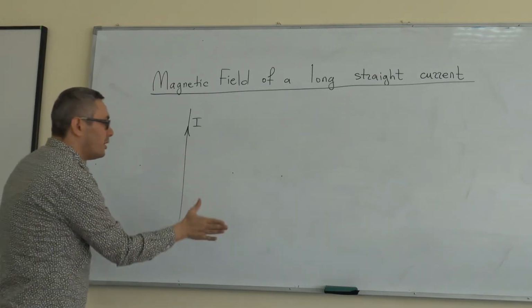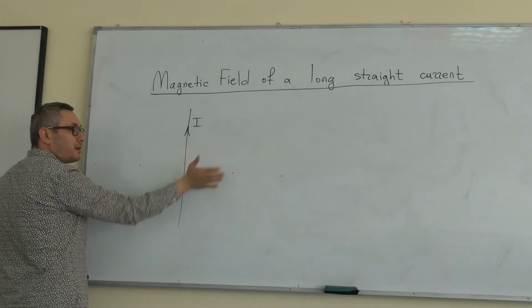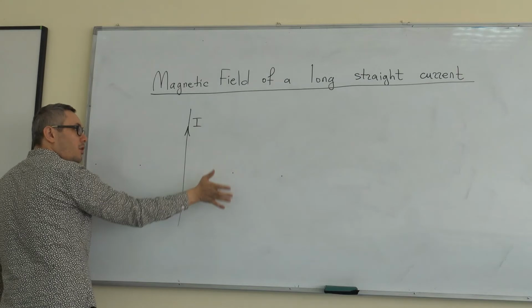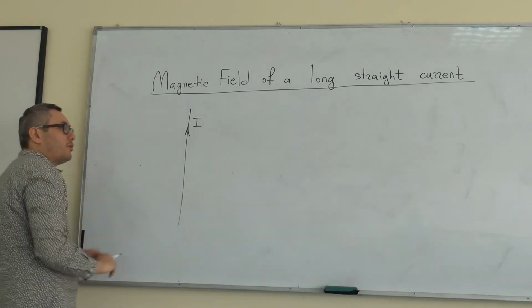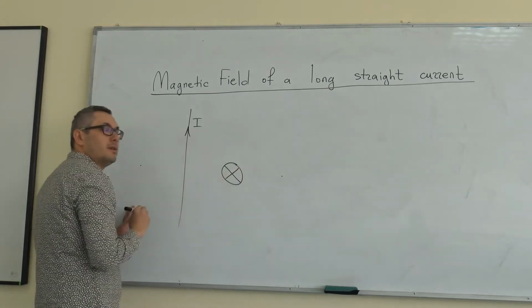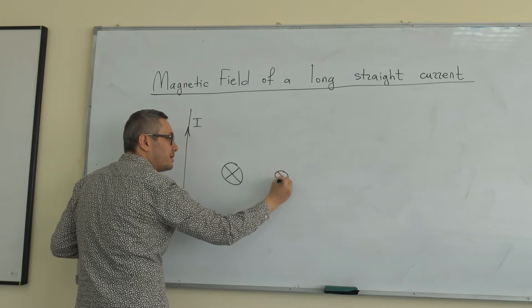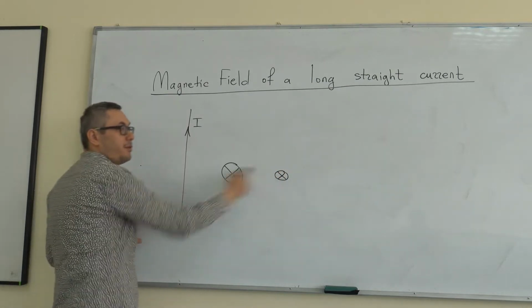Using the right-hand rule, I point my thumb in the direction of the current flow and curl the fingers. This means that my fingers are going into the board at this point, so here the magnetic field is pointing into the board. The same thing is true for this point, except that here the magnetic field is weaker because it's further away.